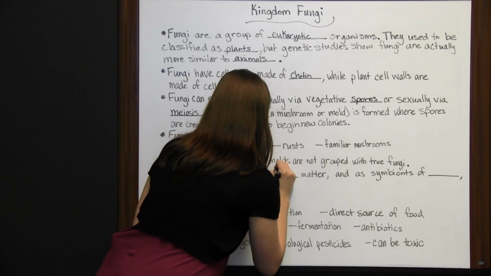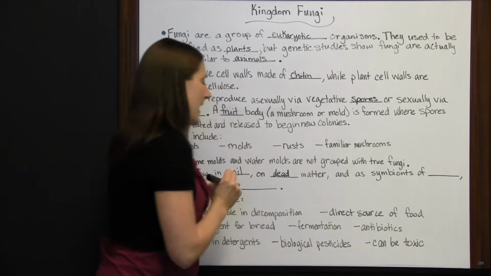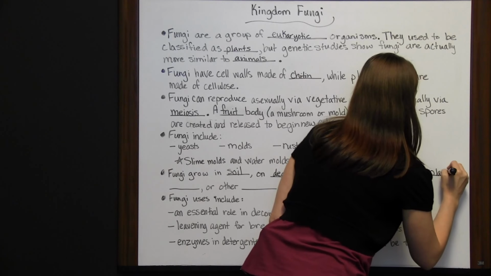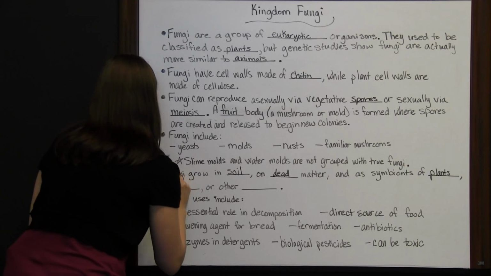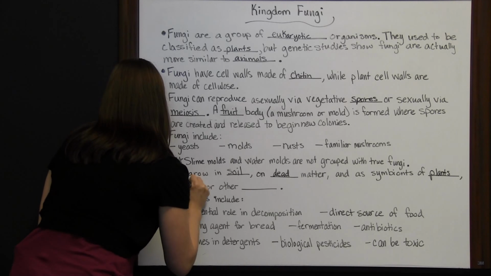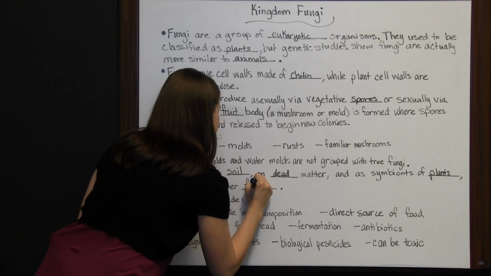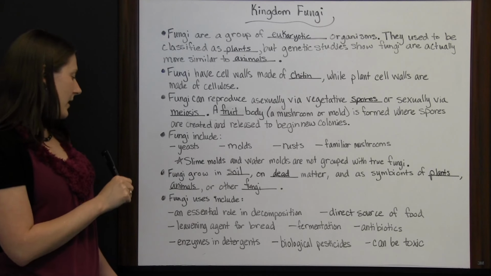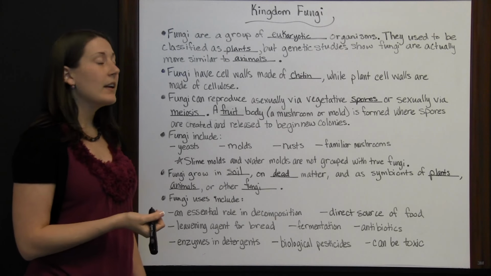on dead matter, and as symbionts of plants, animals, or other fungi. And being a symbiont means that a fungus can live on a plant, on an animal, or on some other fungus.